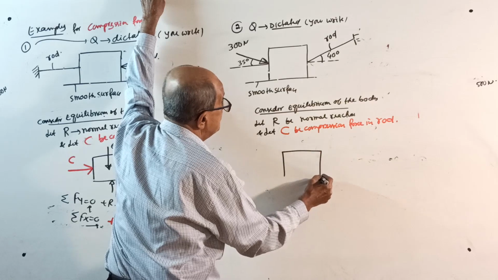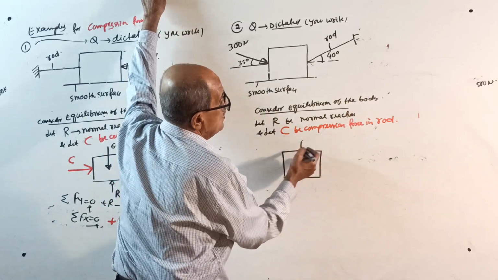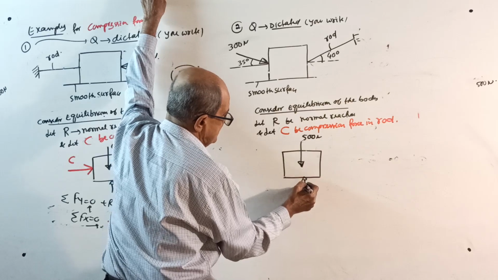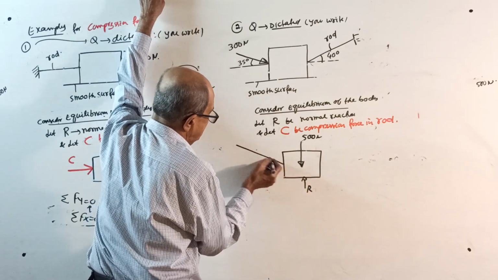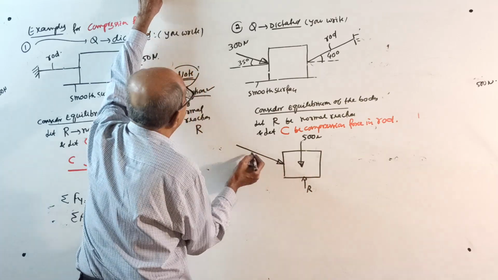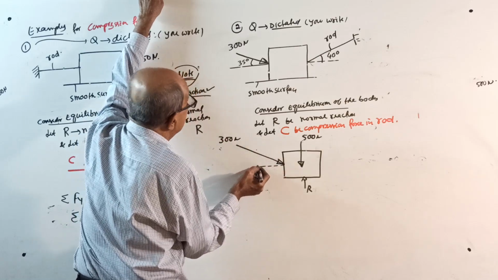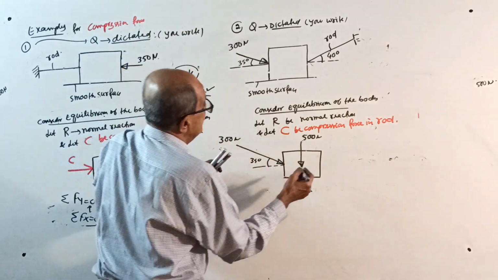Now the next equilibrium. Weight acting down is 500 Newton. Normal reaction R. Then a force of 300 Newton, making an angle of 35 degrees. Now be careful here.